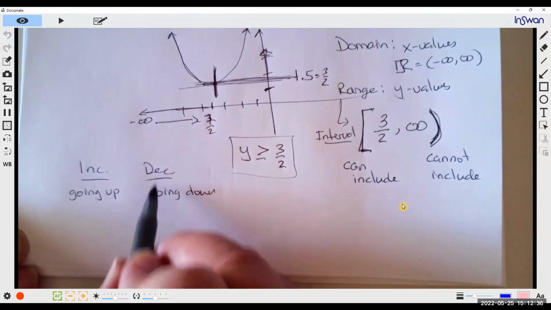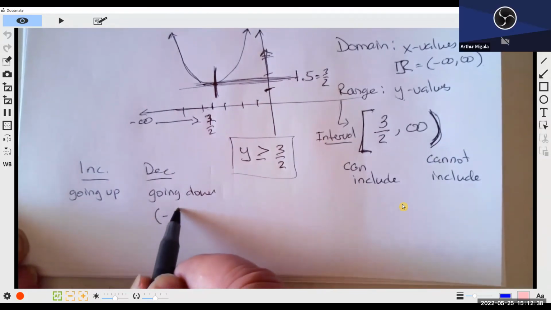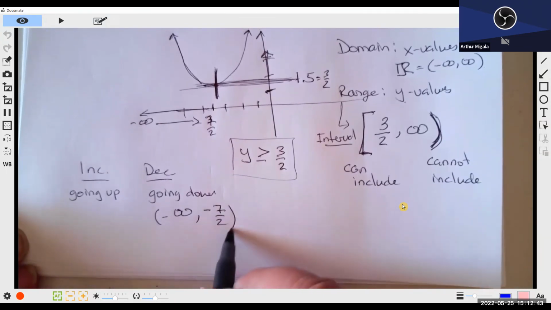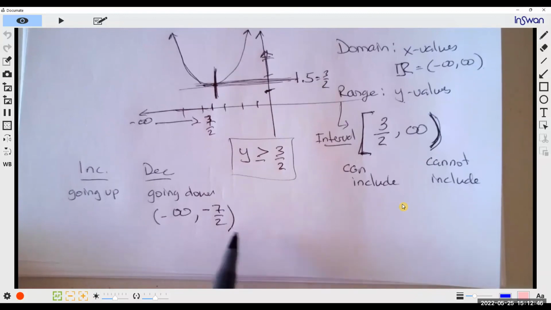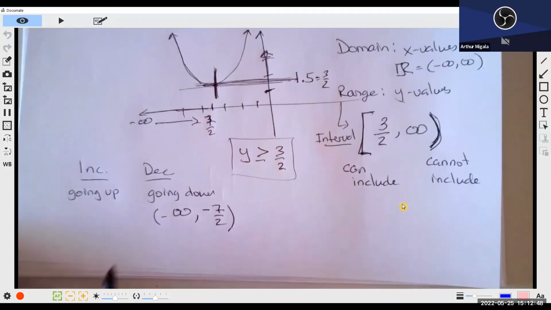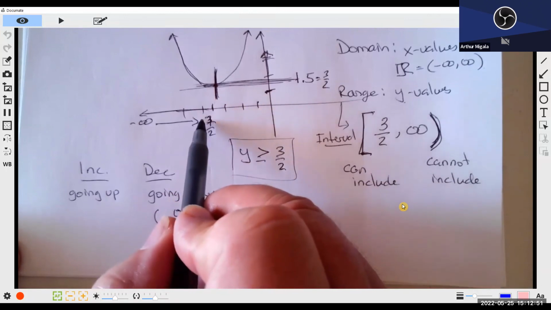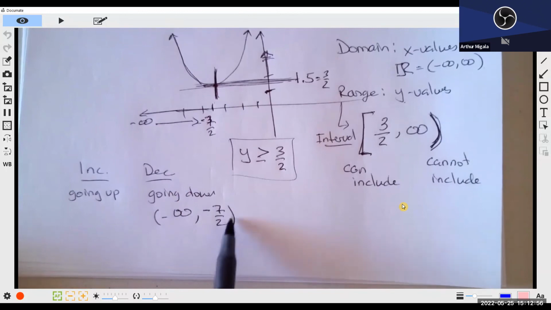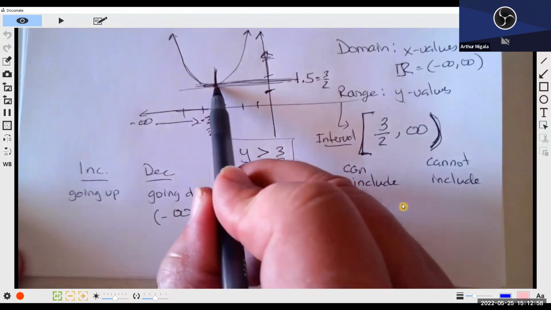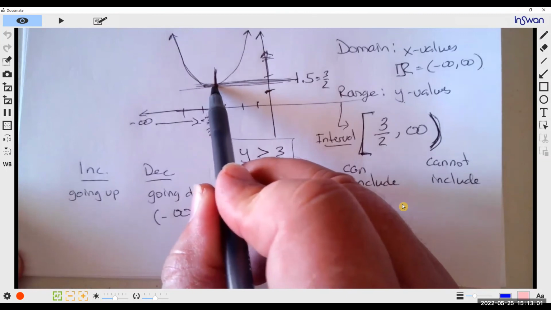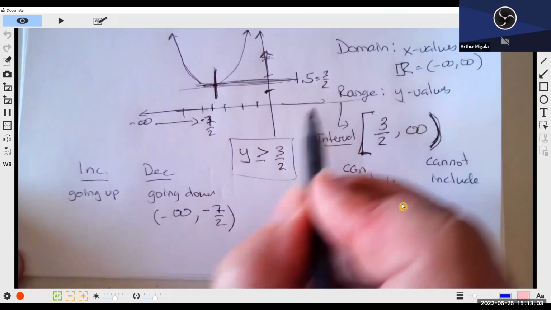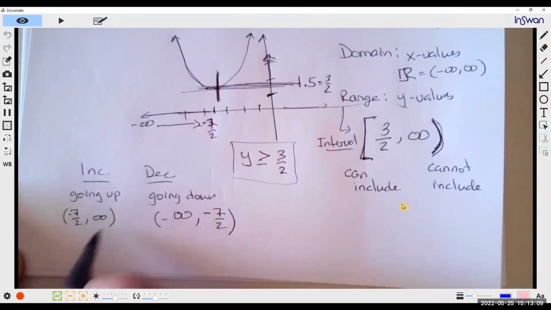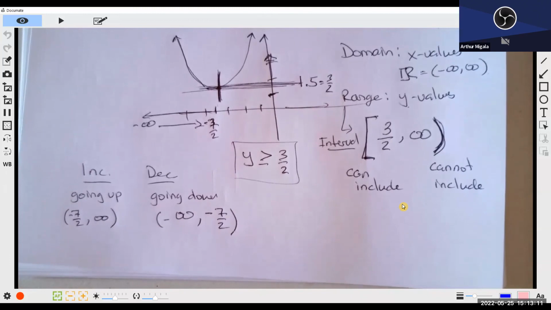So decreasing, it's from -infinity to -7/2. And they're both parentheses, because at -7/2 it doesn't do anything. So it's neither increasing nor decreasing. You're not using it. And where does it go up? It goes up from -7/2 all the way to positive infinity. That's where it's increasing.